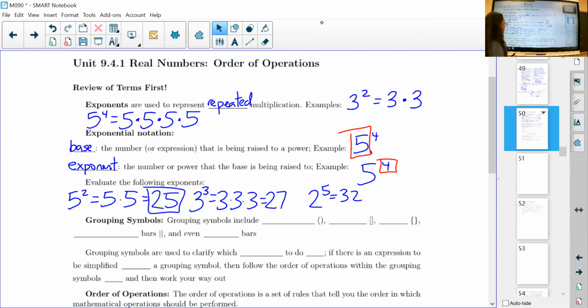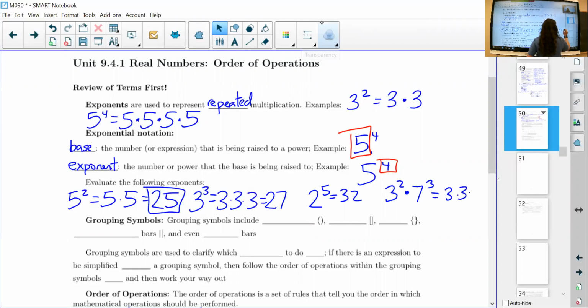We can also have something like 3 squared times 7 cubed, in which case I just write out my 2 3s and my 3 7s.